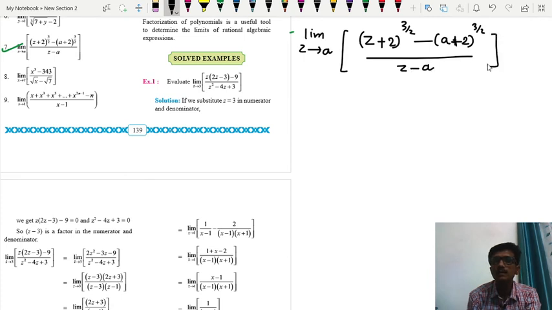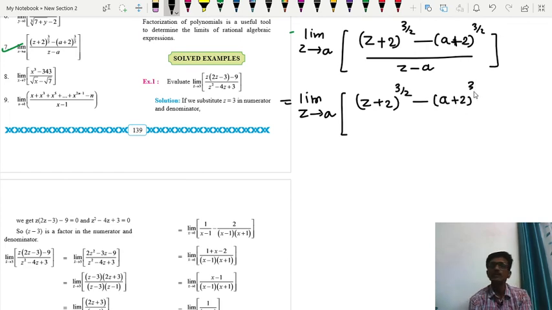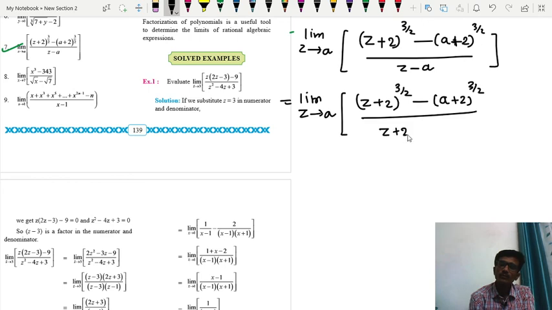So here, we can express the denominator as z plus 2 minus (a plus 2).